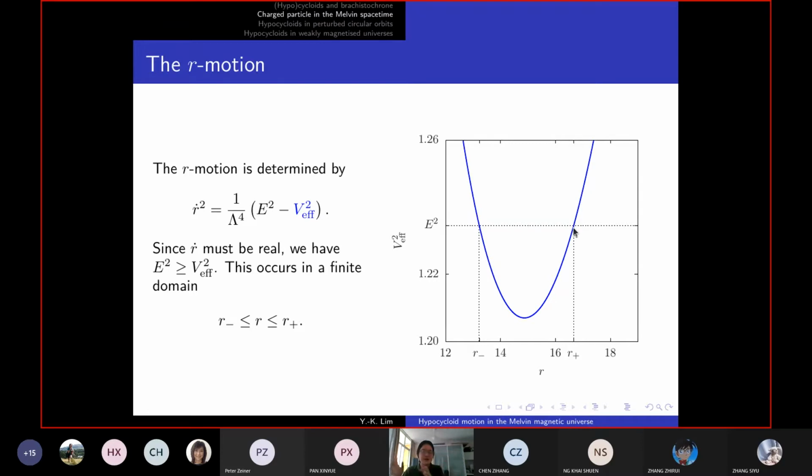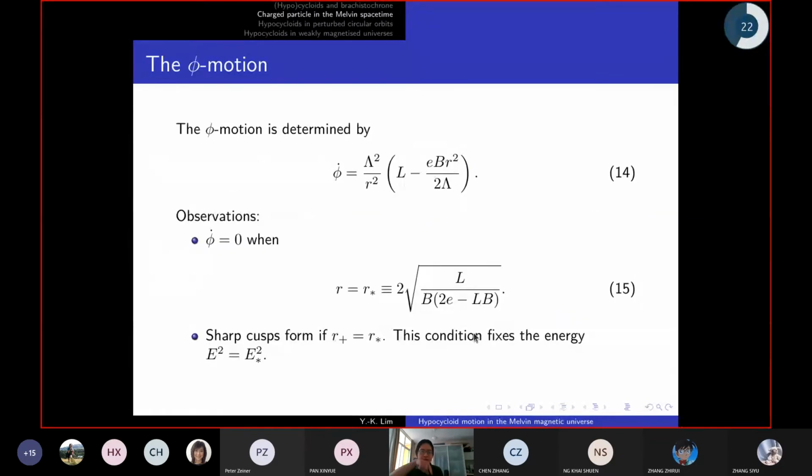This is why it's very similar to your Newtonian mechanics equation. So R dot is 0 at the endpoints, R plus and R minus. If you change the energy, you just change the domain accordingly, and if you change the angular momentum, the effective potential will change the shape of the graph, so it will also change accordingly. But essentially, there's always some R plus and R minus here. So that's for the R motion.